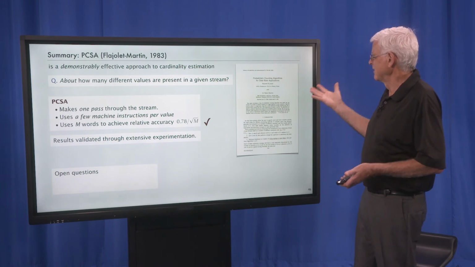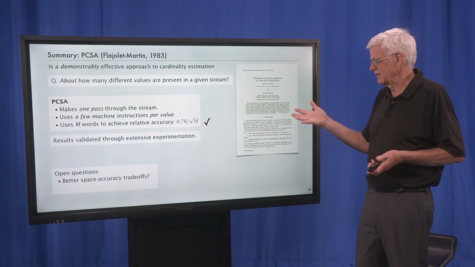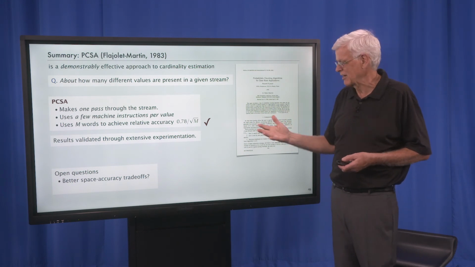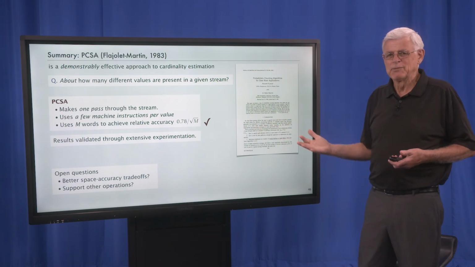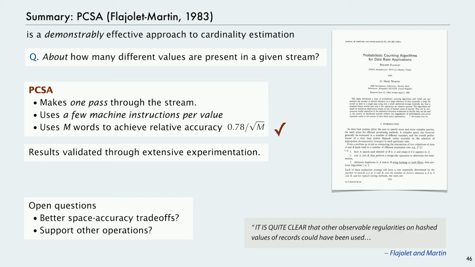Now, even in the paper, they left open some questions. Can we do better in terms of space accuracy trade-offs? Maybe there are other operations that we might support on understanding the data stream rather than just counting the number of distinct values. This is a quote from the paper: it's quite clear that other observable irregularities on hash values of records could have been used.